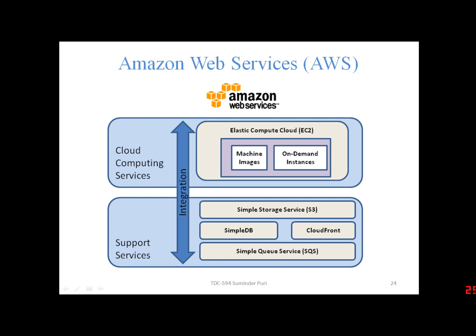And there is the integration between these two kinds of services. That's one of the major security areas, how they integrate these services together without compromising their security. So let's take a look.